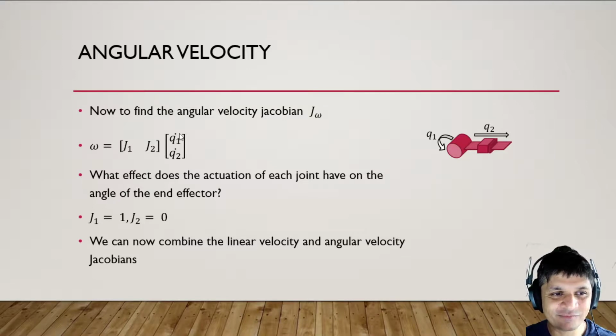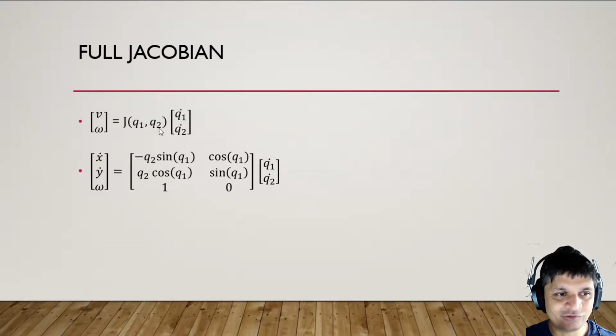So that's pretty easy as well. Basically what we're saying is that whatever the velocity of Q1 is, that's going to be the contribution to the orientation of the end effector directly. So J1 will be 1. Okay, so this J1, J2 will be 1, 0. And we can now combine the linear velocity and angular velocity Jacobians and end up with a full Jacobian.